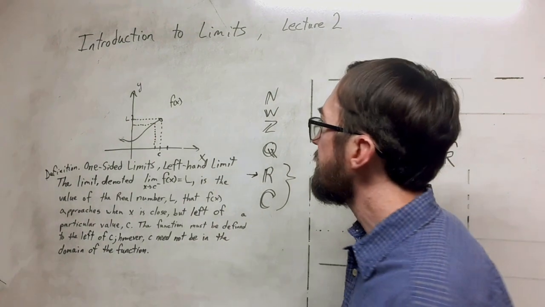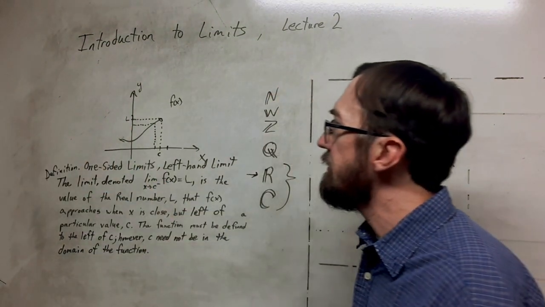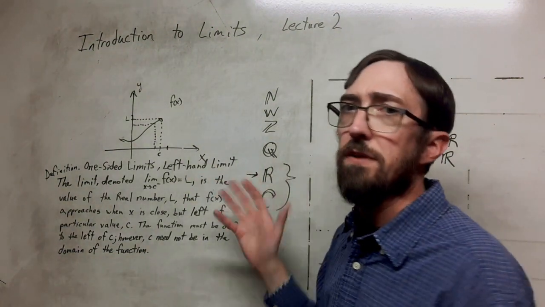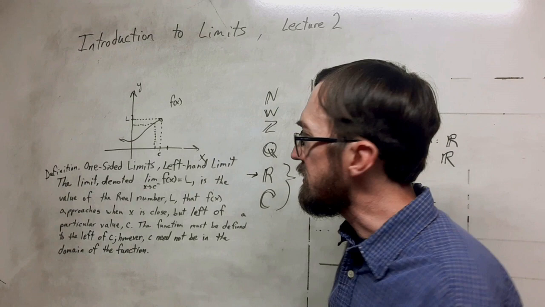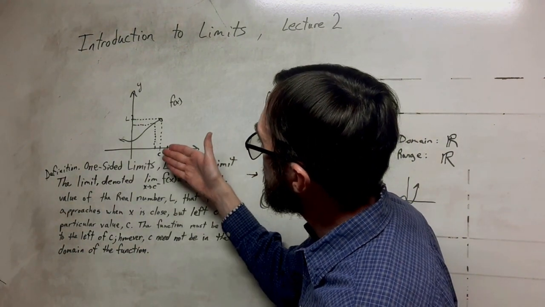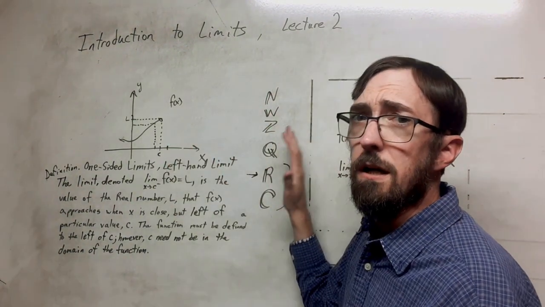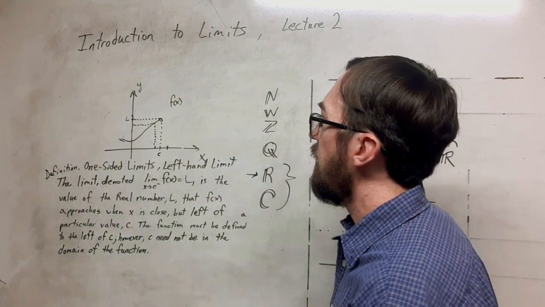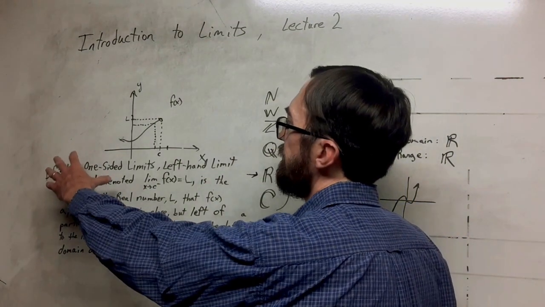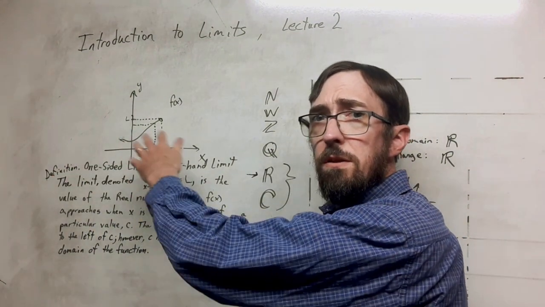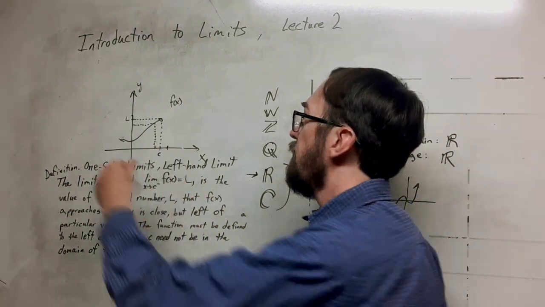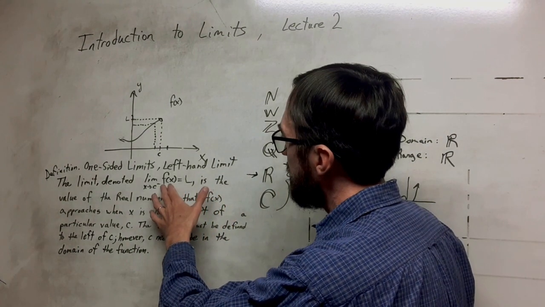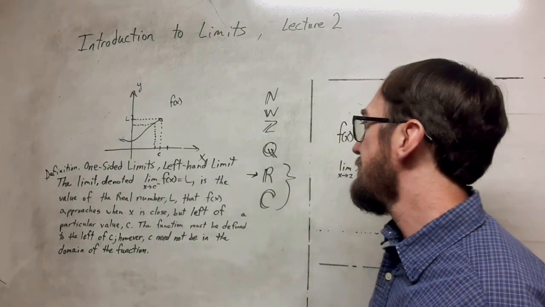These are x values. The left-hand side of the x-axis are the negative values. The right-hand side of the x-axis are the positive values. So in this case, we're approaching c from the positive side of the x-axis when we're doing a right-hand limit. And on the other side, we are approaching from the negative side towards the particular value c. So that's why we have a negative and a positive here to indicate that.